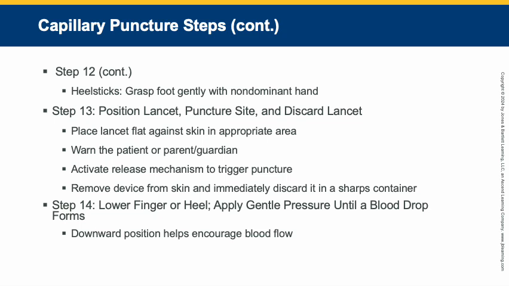Use your thumb to apply gentle pressure to the pad of the finger to encourage blood flow. Alternatively, you can hold your thumb on top and apply pressure to the pad with your index finger. Do not squeeze. It may take a few moments for blood flow to start. Hold pressure until a large drop of blood forms at the site.